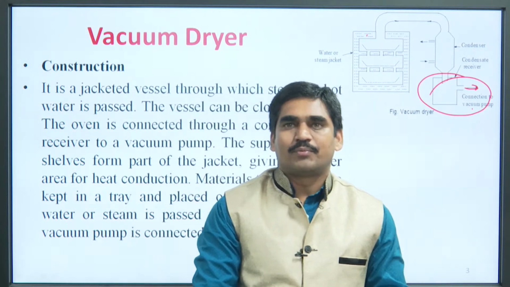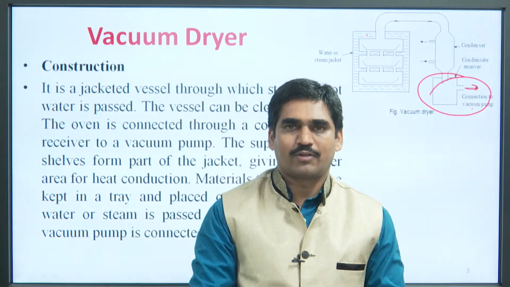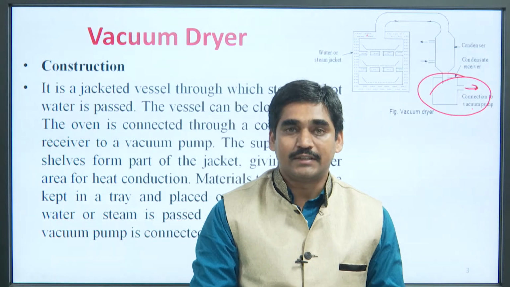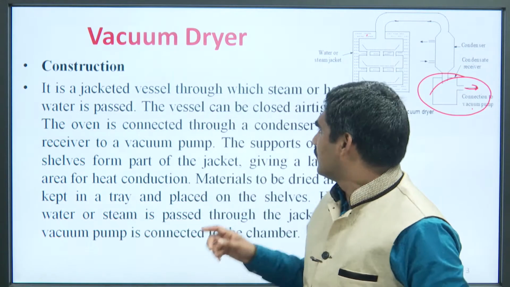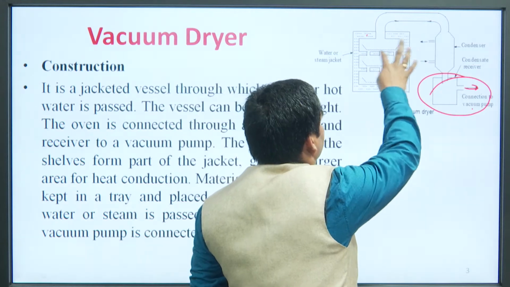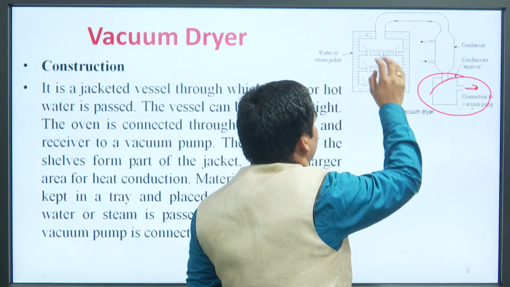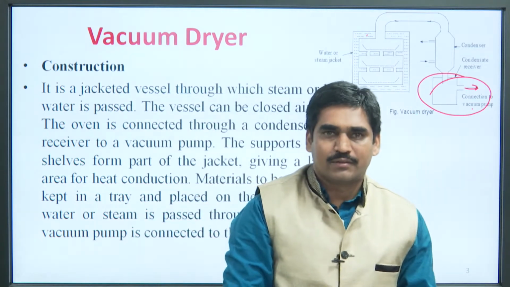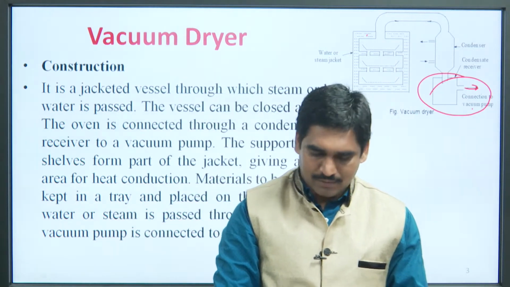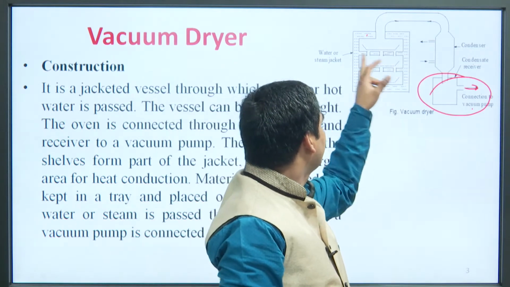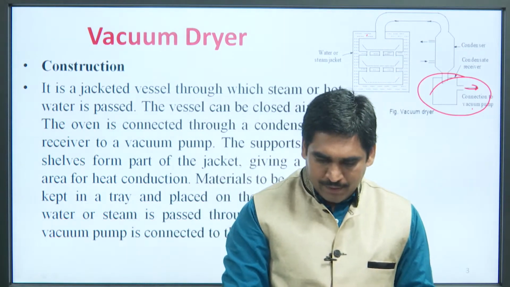The support of shelves forms part of the jacket, which gives a larger area for heat conduction. As you see in the diagram, these are the trays where the materials are kept. These are the different shelves, which are also jacketed on each side.